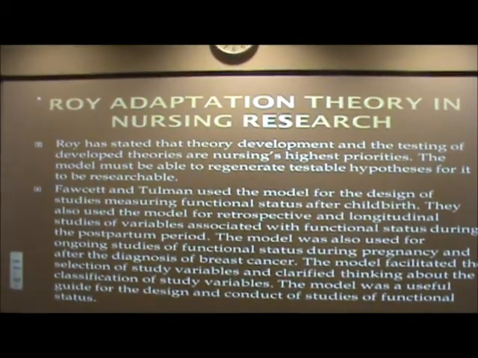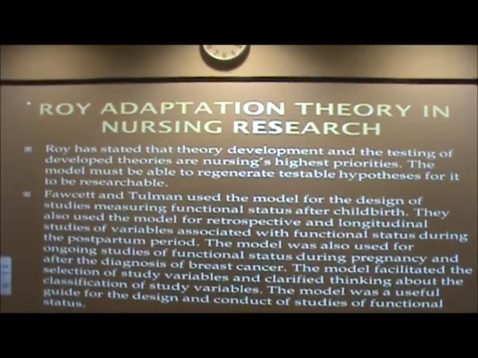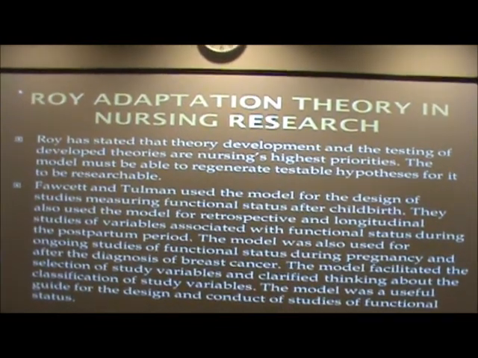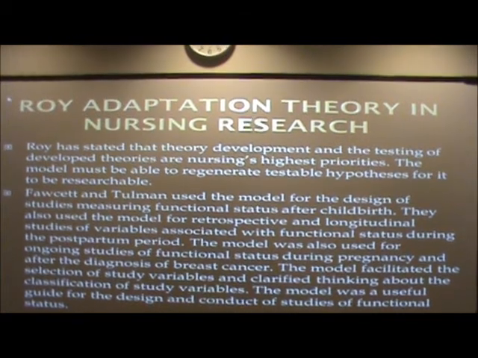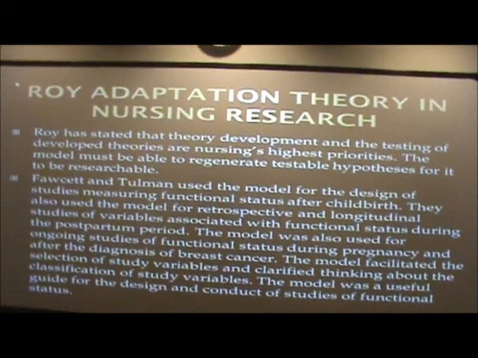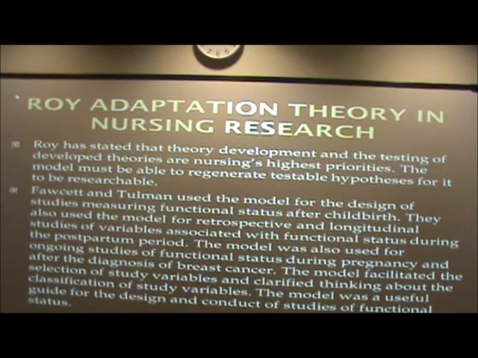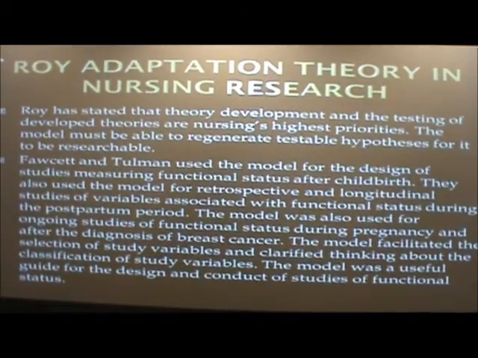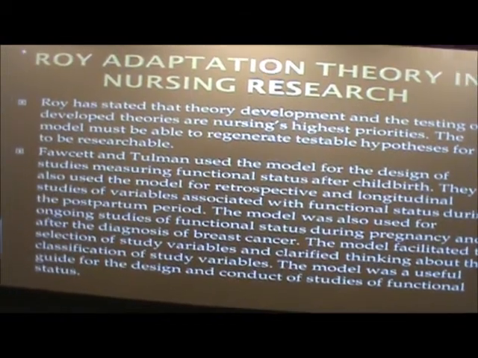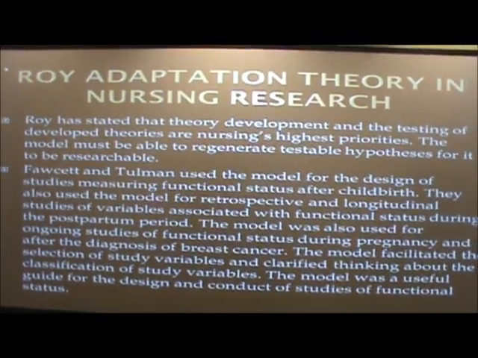Theory in nursing research. Roy has stated that theory development and the testing of developed theories are nursing's highest priorities. The model must be able to generate testable hypotheses for it to be researchable. Fawcett and Tolman used the model for the design of studies measuring functional status after childbirth.